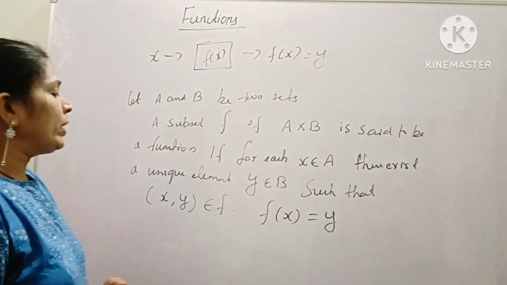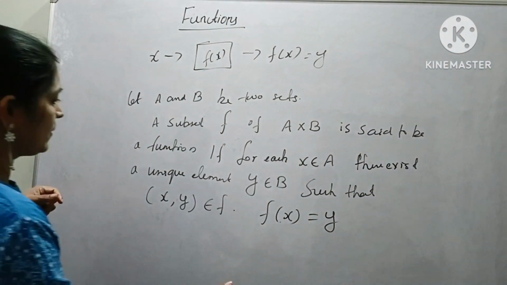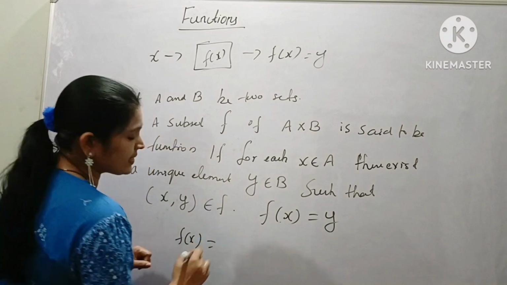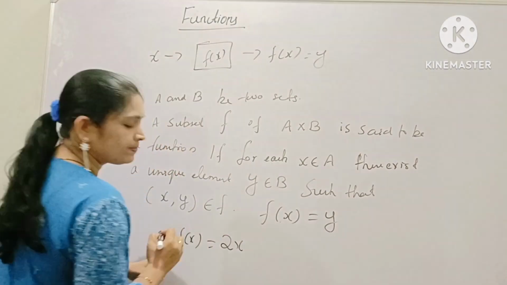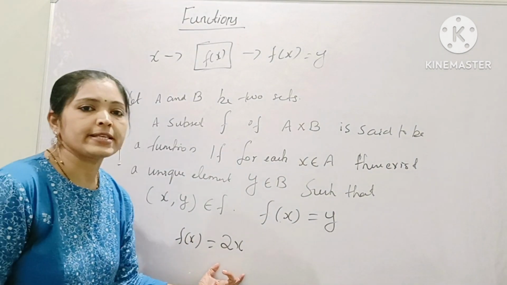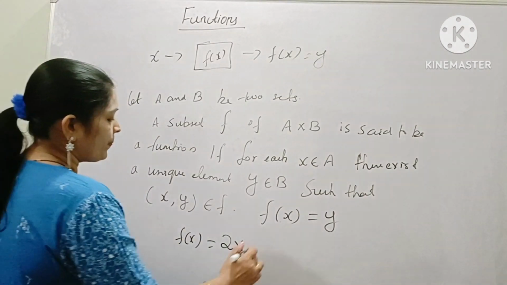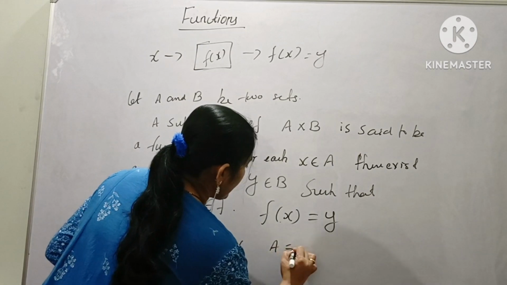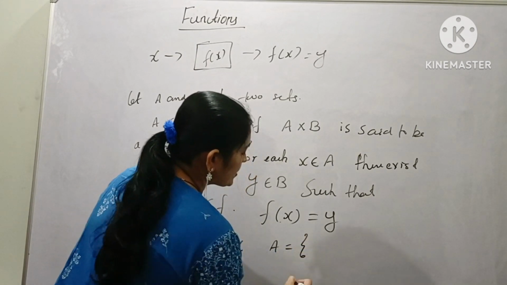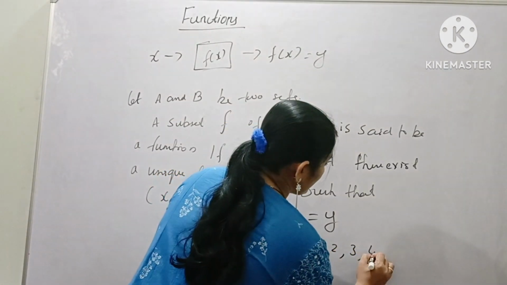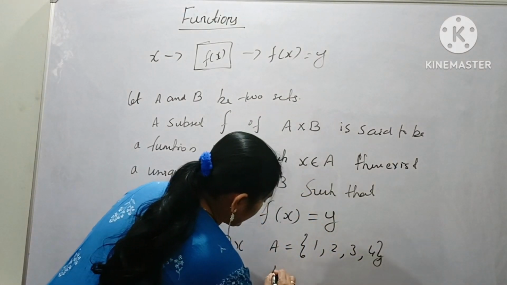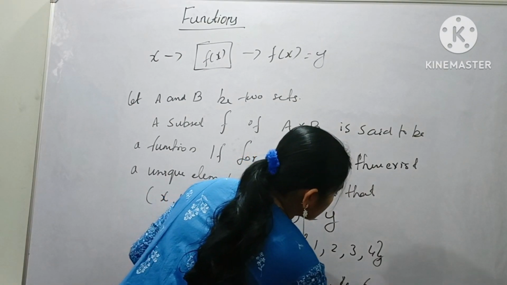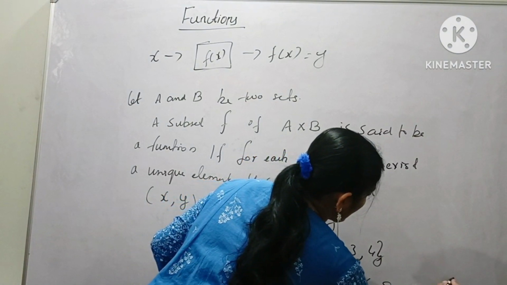Now, for example, let f of x is equal to 2x. Let A be the set {1, 2, 3, 4} and B be the set {2, 4, 6, 8, 10, 12}.